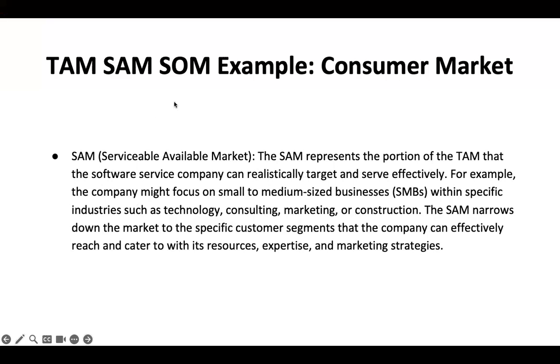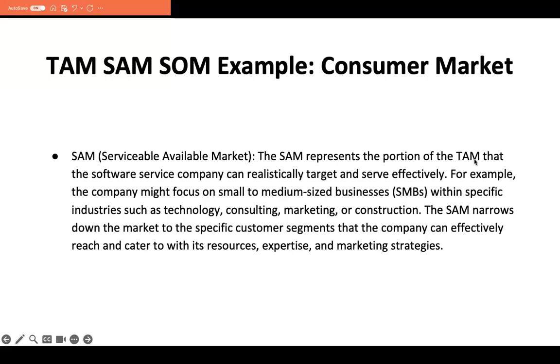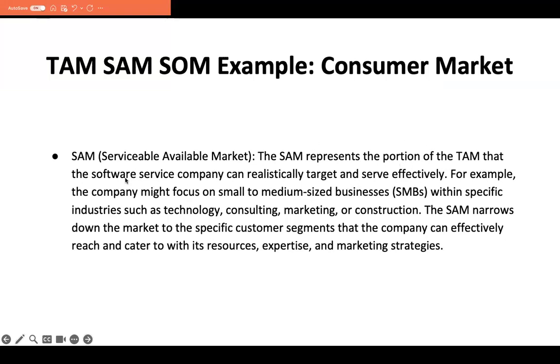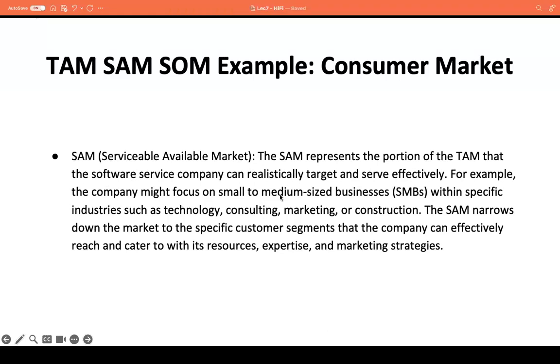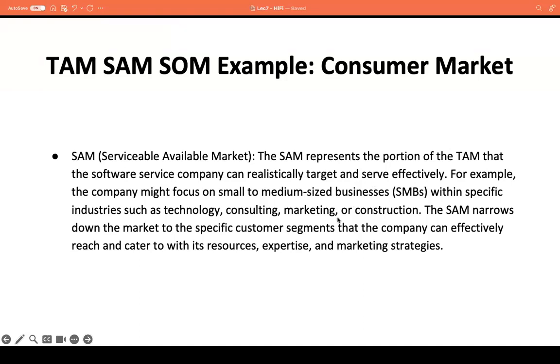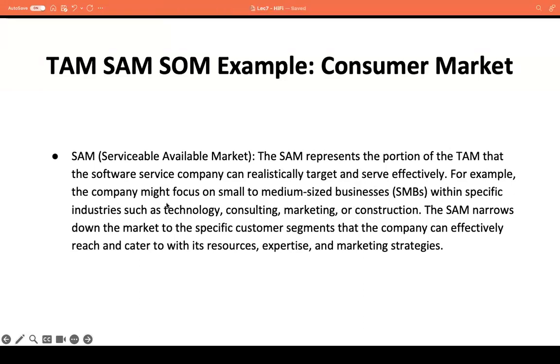And what would be the serviceable available market? That would only refer to the portion of the TAM that the software service company can realistically target and serve effectively. So for example, the company here can focus only on SMBs or the small to medium-sized businesses within specific industries like technology or consulting or marketing or construction.